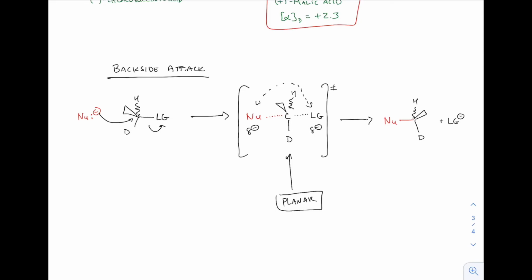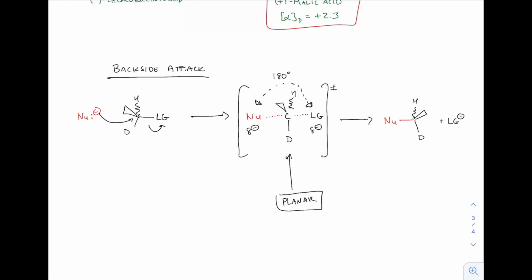And this actually makes perfect sense in terms of an electronic argument, because the nucleophile is negatively charged. That leaving group after it leaves is negatively charged. And so in terms of electron repulsion, you want those to be as far away from one another as possible to reduce the energy of the whole system or the mechanism.